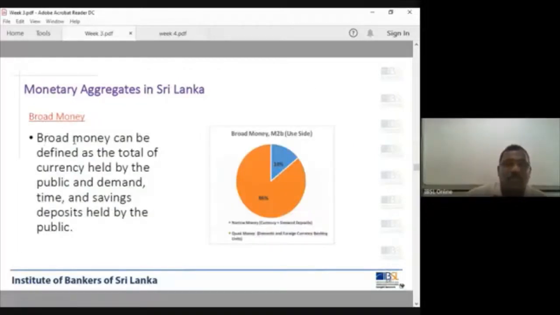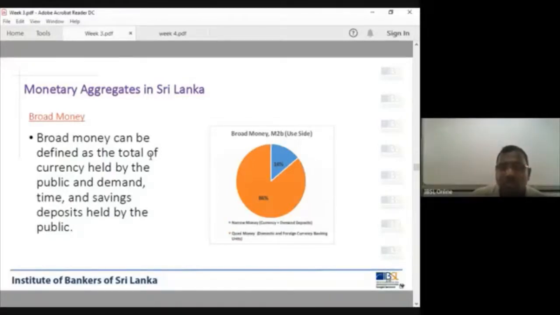So the first definition of broad money, as I said, in Sri Lanka, M2. But right now, we don't use M2 widely.